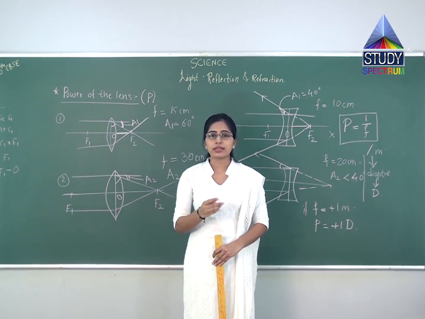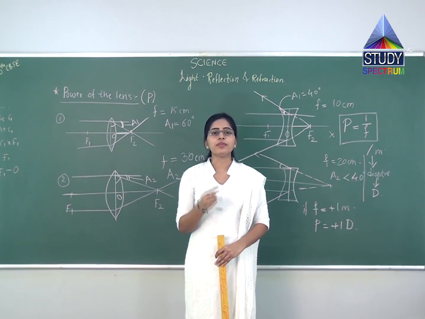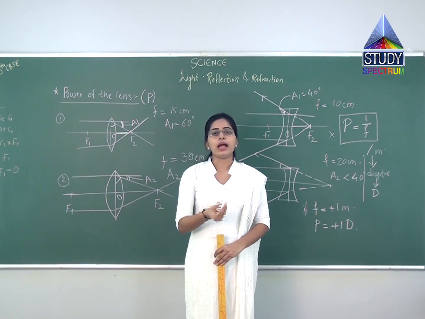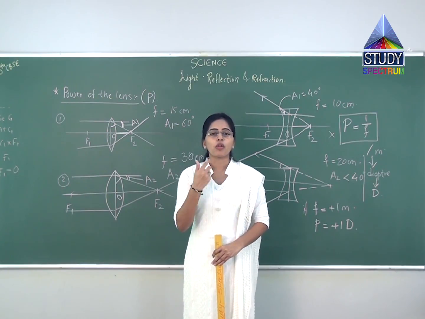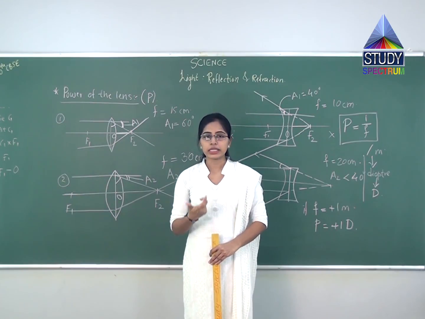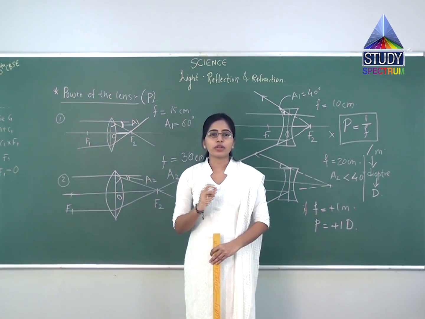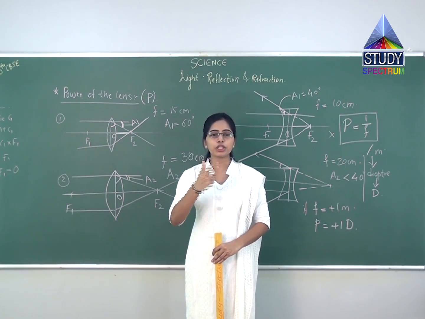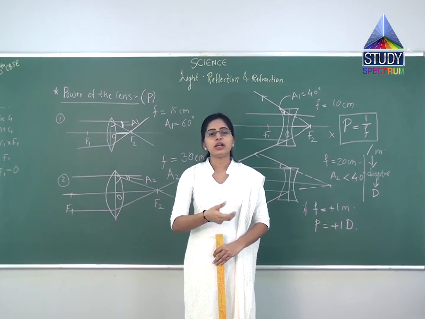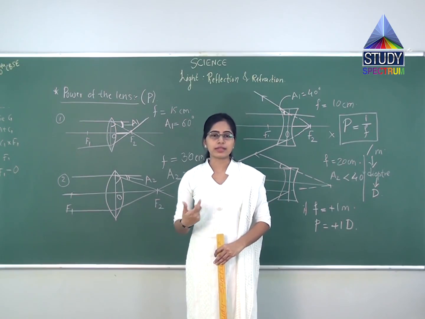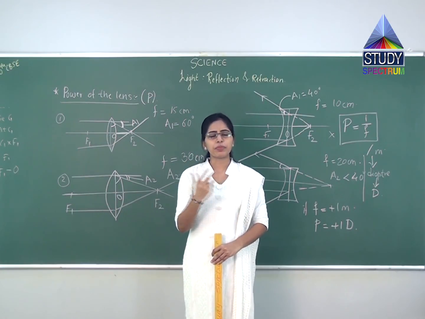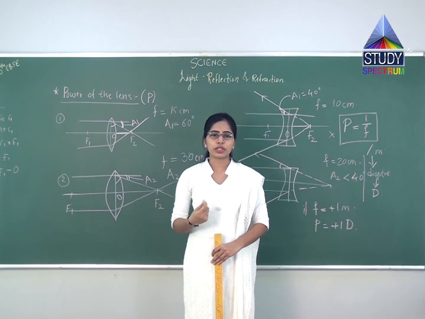Through convex lenses you will observe real images, and through concave lenses you will always observe virtual images, which are not real. Through convex lenses, the image may be formed enlarged or magnified. For concave lenses, image formation may be diminished or enlarged depending upon the position of the object.